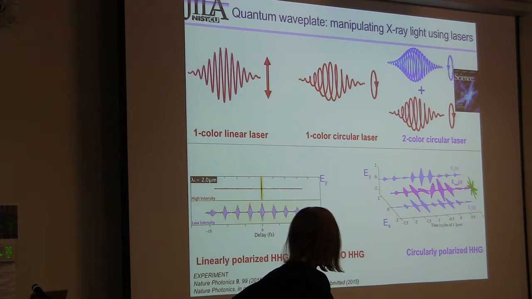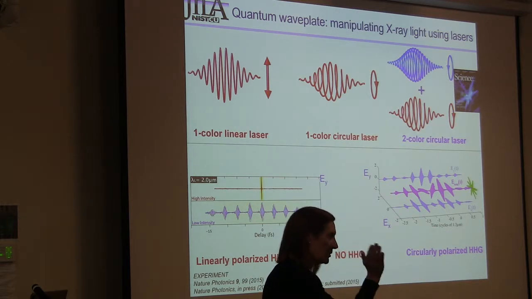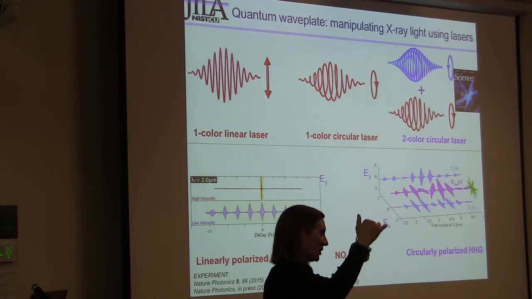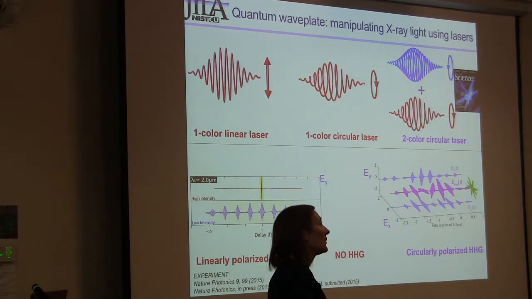So each burst is 200 attoseconds, which is very much like linearly polarized EUV harmonics when you're not using some kind of gating. Yes, that's right. With the collinear case, if you restrict the phase matching to one cycle by using some polarization gate, then you would get linear, because each burst is linear.